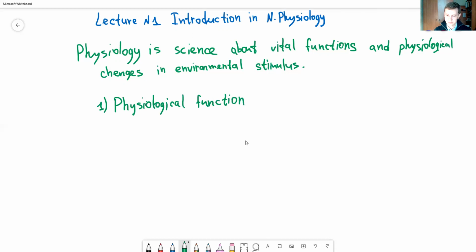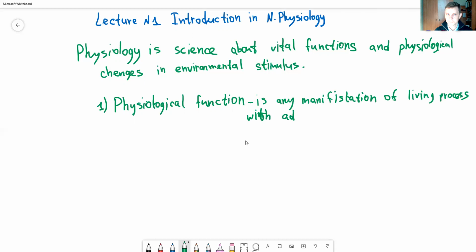A physiological function is any manifestation of the living process, usually with an adaptive result. Okay.